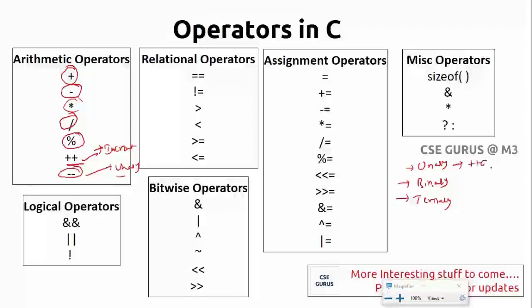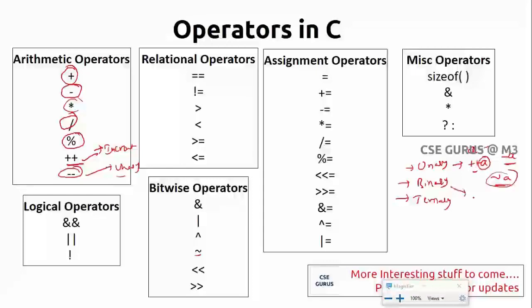Like if I write plus plus a, the operand is only one. If I write a minus minus, or minus a, like this, we call them unary operators. I'll also write an operation, tilde of a. It's okay, I'll explain everything with execution.